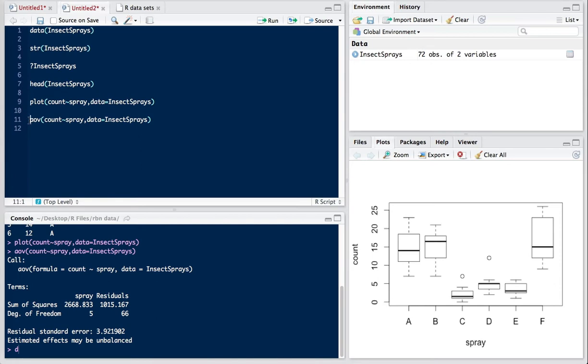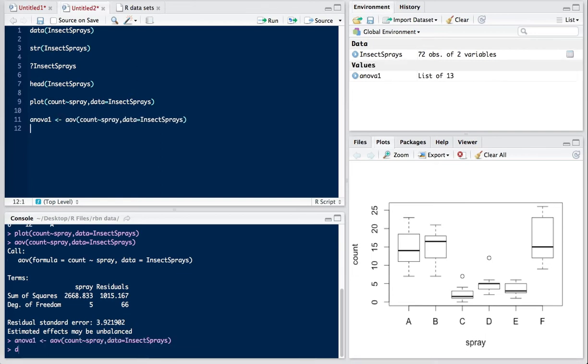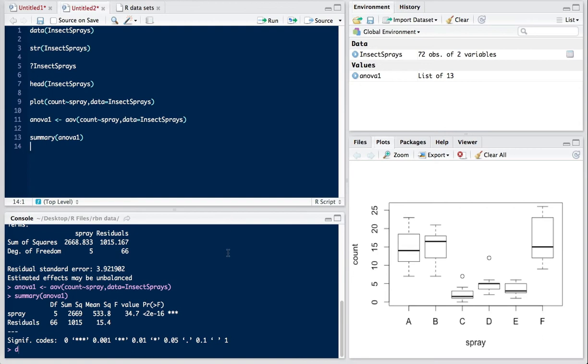What I need to do is to save my analysis as an R object. So I'm just going to call my object ANOVA1, and we'll save that, and it appears now up in my global environment as a value. Now what I can do is to call summary on my saved analysis, and now I've got some more useful information.